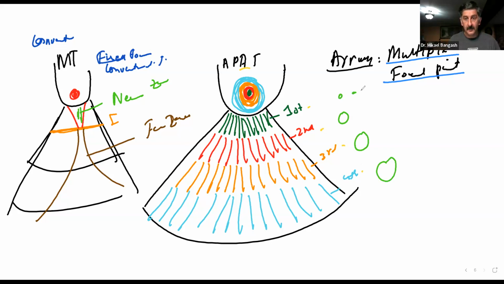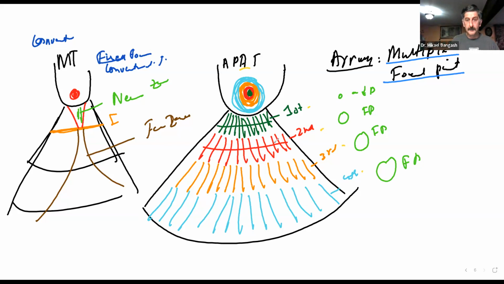The diameter of the PZT was directly proportional to the focal depth. It just gets greater and greater because you go deeper and deeper. So what I mainly meant to say is the beams formed by the green PZT will focus at this depth here, where the beam formed by the red PZT, which is greater, will focus at this depth here.